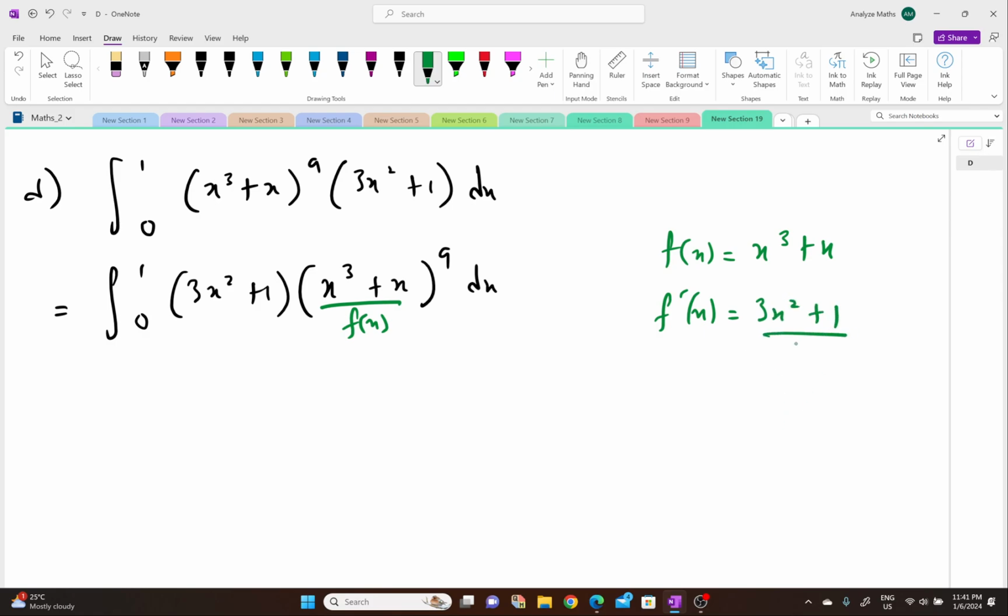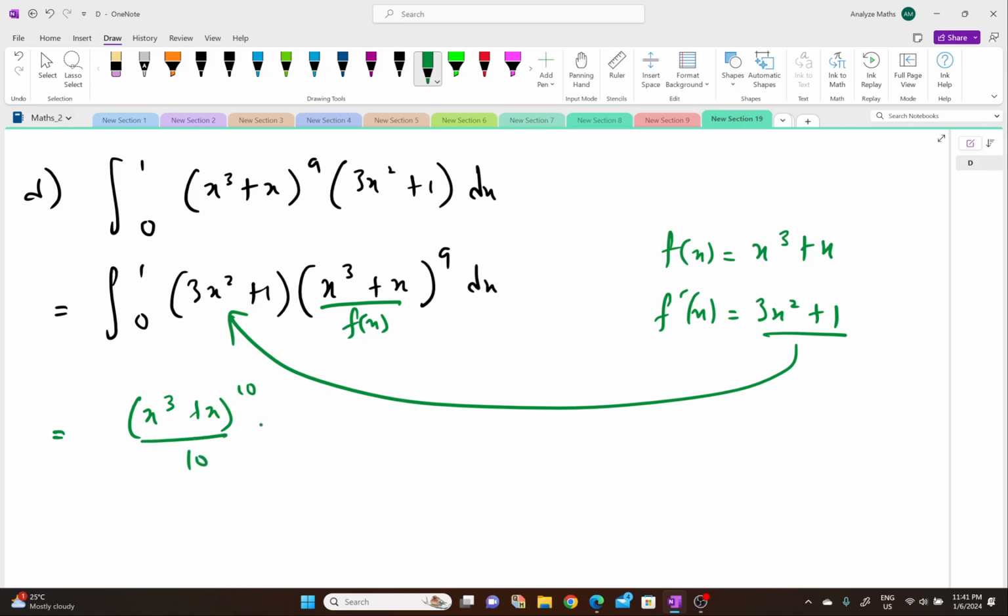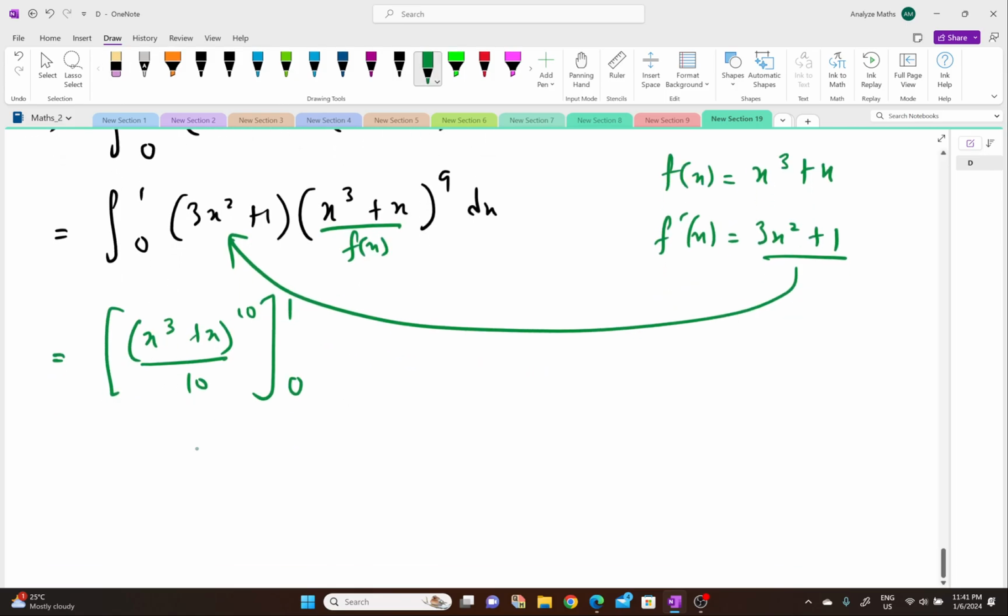Is this here? Yes. So the answer is this. Now you don't need to plus c because it's a definite integral. You put 1 and 0 here.